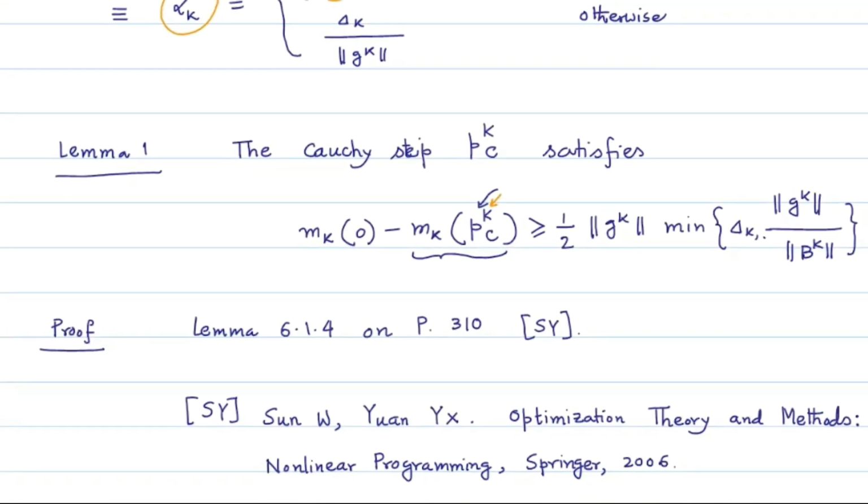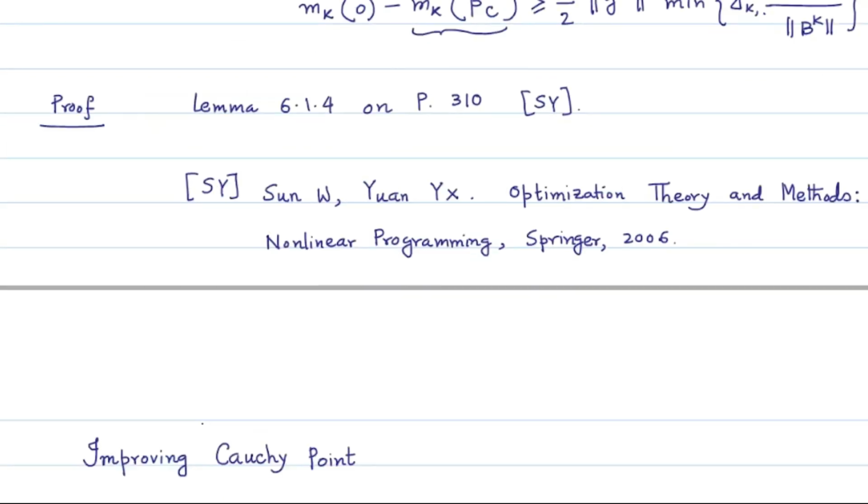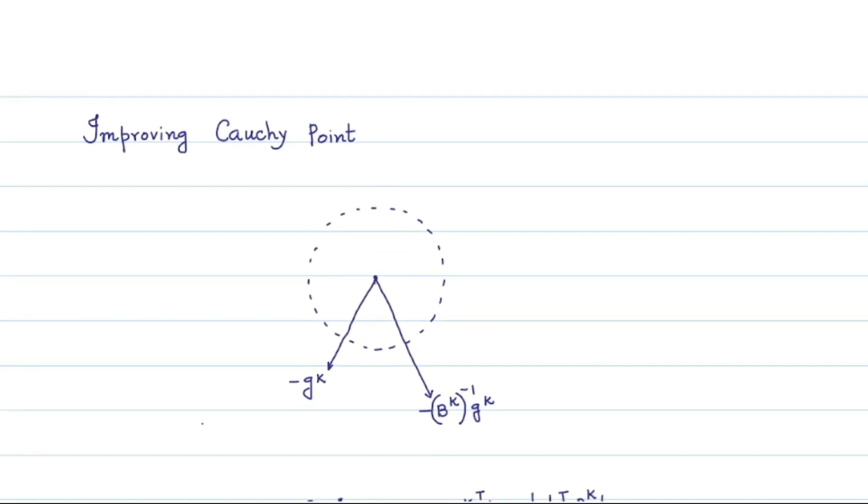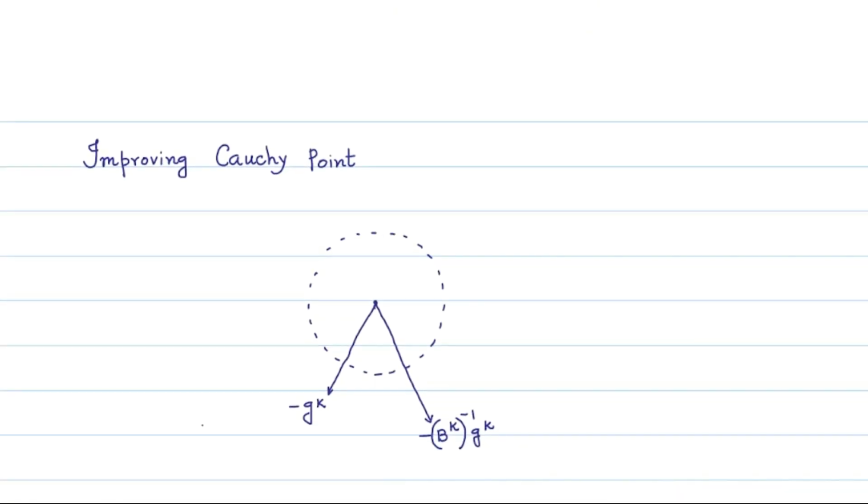To improve the trust region step, inclined towards the Newton step, or to involve B_k in the calculation of the trust region step, we at first assume that the approximated matrix B_k is positive definite and hence invertible.